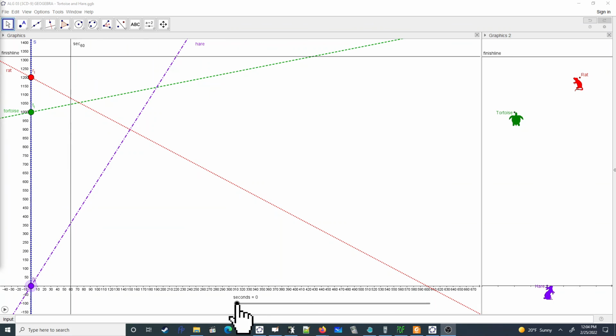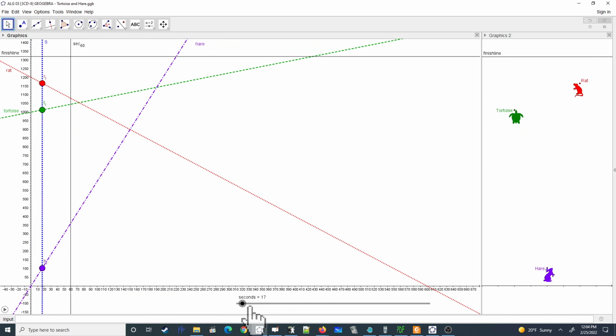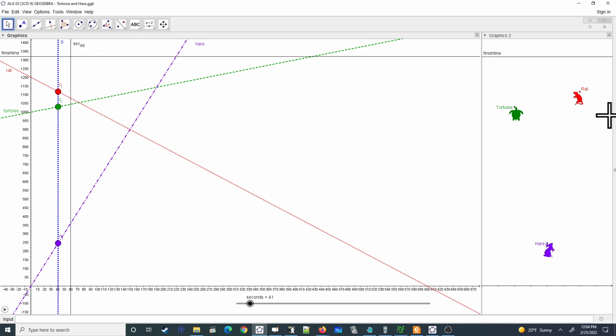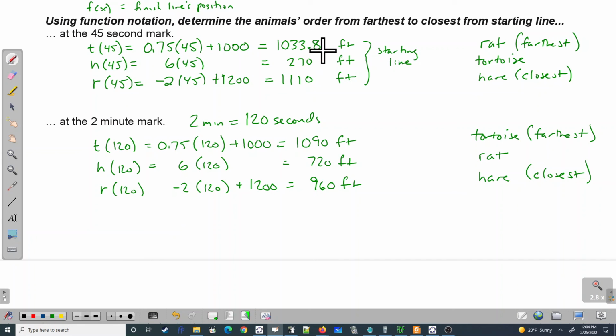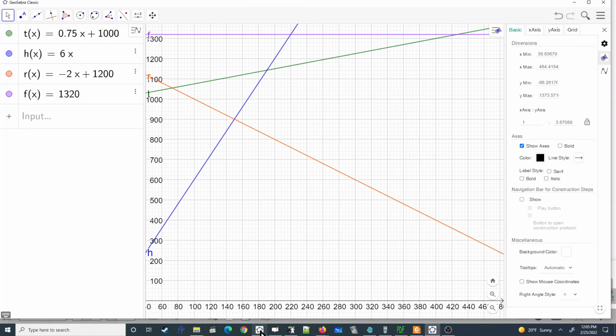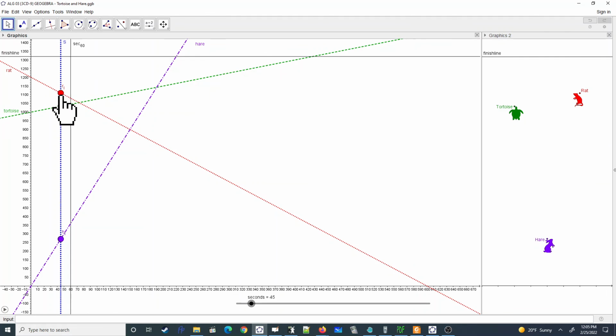Let's move to 45 seconds. And you can see off to the side exactly how they're being positioned if you actually saw a race. So at 45 seconds, these are the numbers that you came up with on this page a few moments ago. 1,033.8 feet, 270 feet, and 1,110 feet are represented right here.